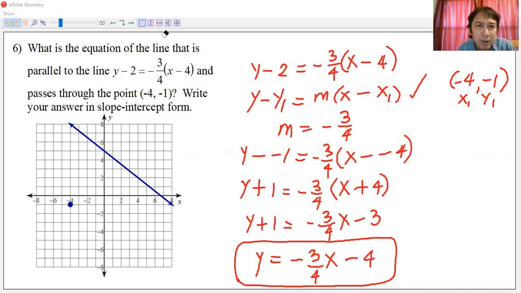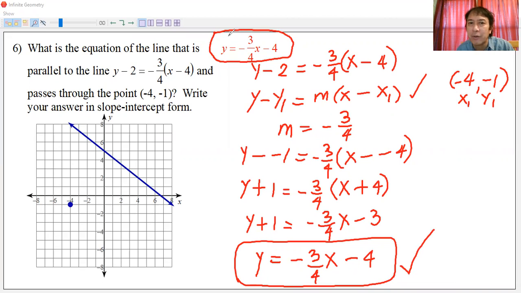Let's display it again. There's the answer: y is equal to negative 3/4 x minus 4. Exactly what we have in our computation. That goes to our number 6.